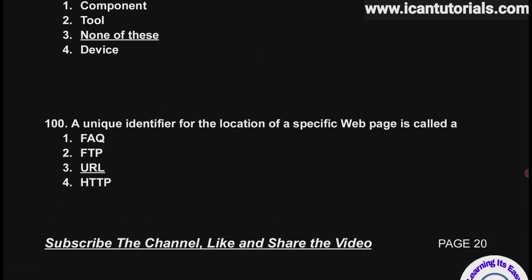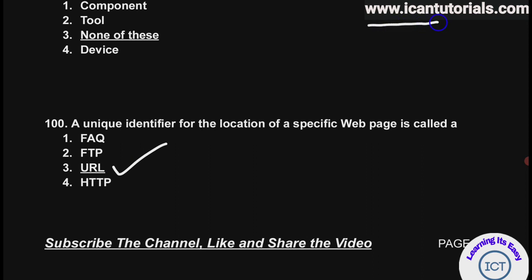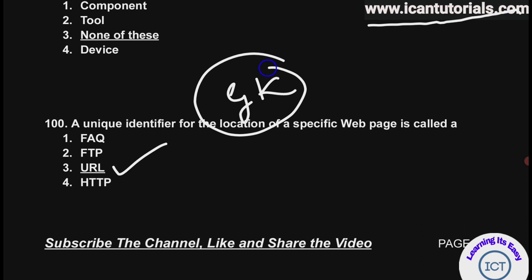And the last question of today's video, that is the 100th question. A unique identifier for the location of a specific web page is called URL, Uniform Resource Locator. For example, in my website www.icantutorials.com, I want to search a content like general knowledge content. For that, I need a URL, that is the address of that page.